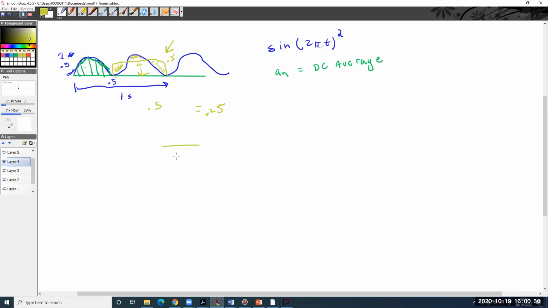So let's just say T naught in this new case is 0.5. And that's my A naught.